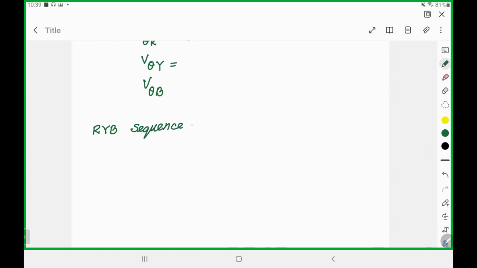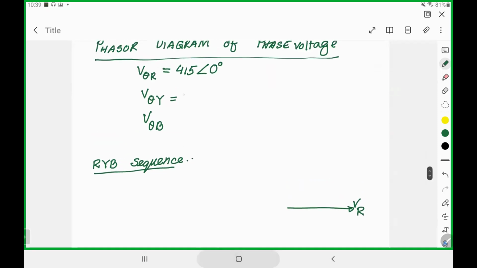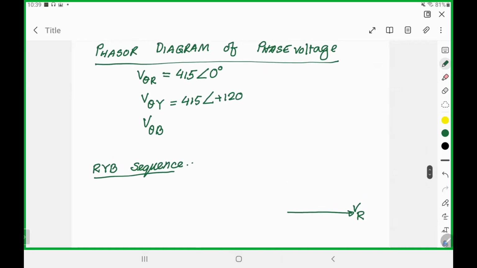That will be the sequence. So that means I will have R phase, VR, and then the next one would be 120 degree. So this is 415. And Y would be 120 degree away. It would be plus 120. It should be minus. So this would be minus. Usually RYB, we are considering this is minus 120.